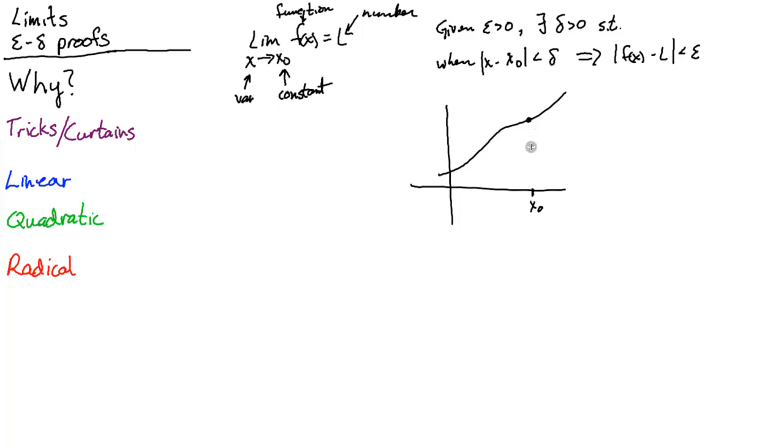So there could be a hole right there, either filled in or open. Doesn't really matter, and that's the whole point, that it doesn't really matter. But that right there is your limit L. So this is f of x naught if it's continuous, and if it's not, then there could be a hole there, whatever.